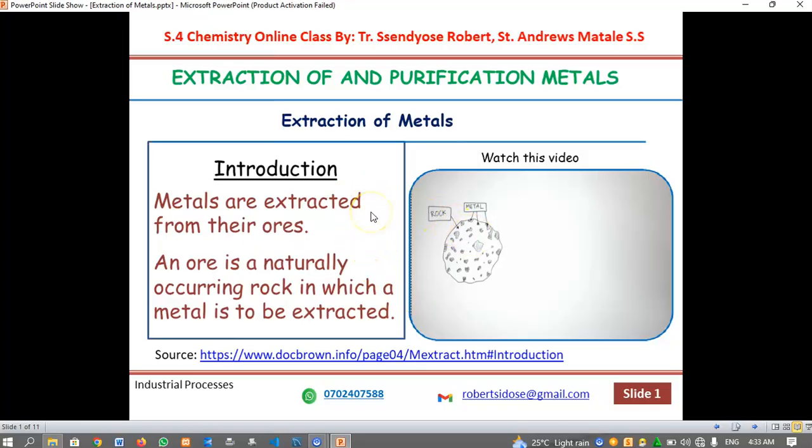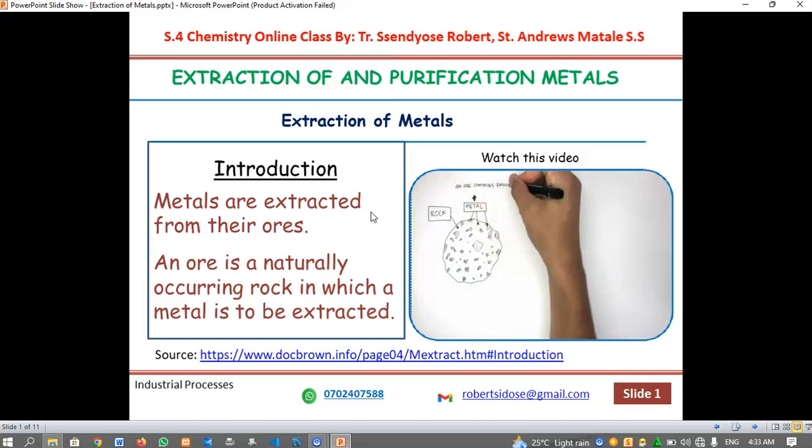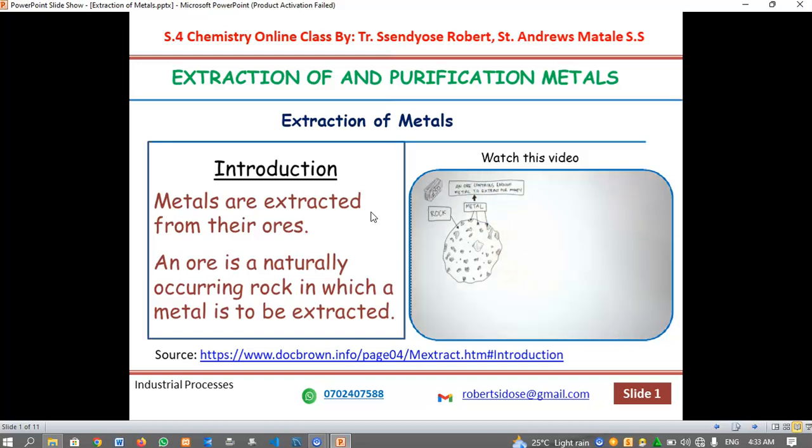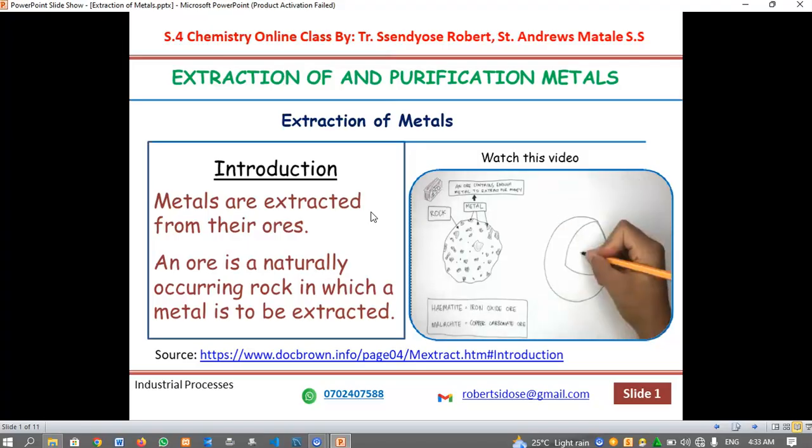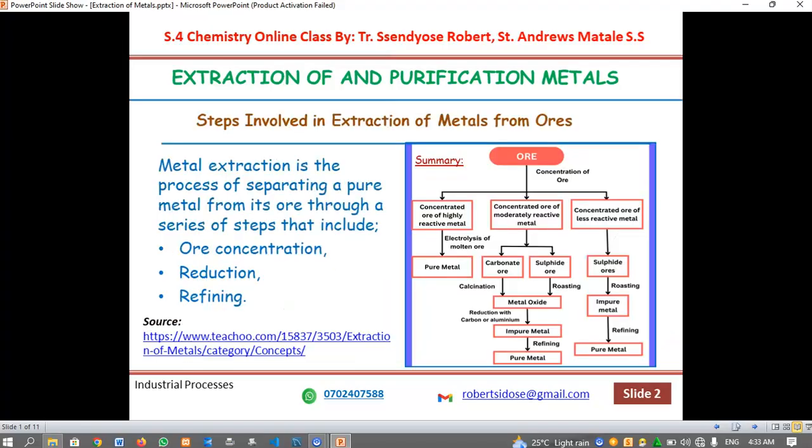So generally, metals are extracted from their ores. We have talked about the introduction to industrial processes. When we are extracting metals, there are steps involved.